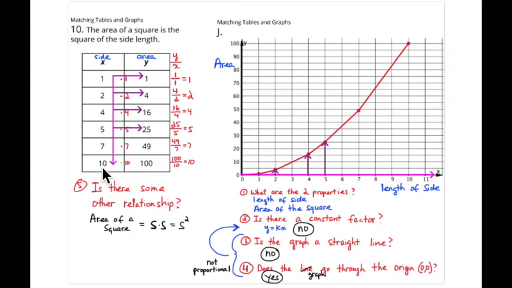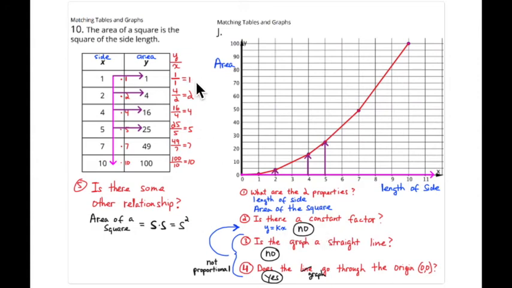So the length of the side times the length of the side equals the area. That's the formula that you have been shown before. Area of a square is equal to the side times the side, and we write that as side to the power of 2. Remember, the common word for that power of 2 is squared. So it's the side squared because it forms a square.